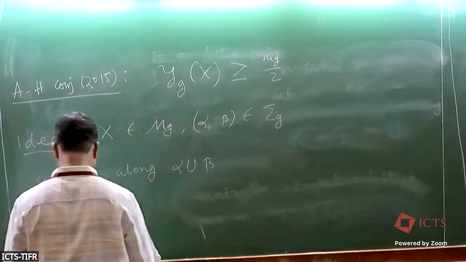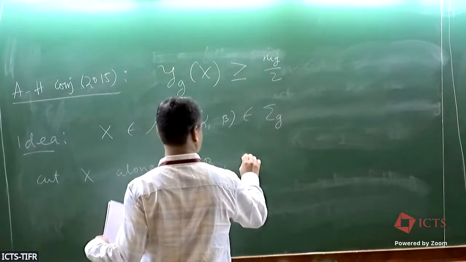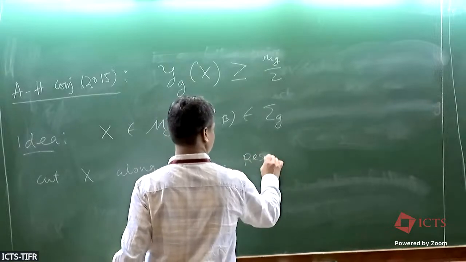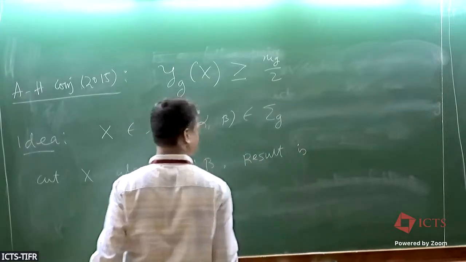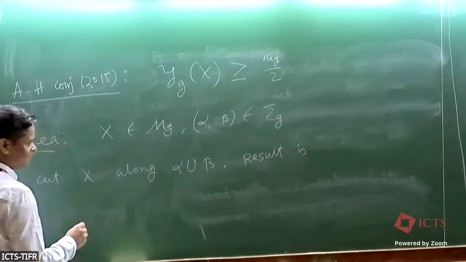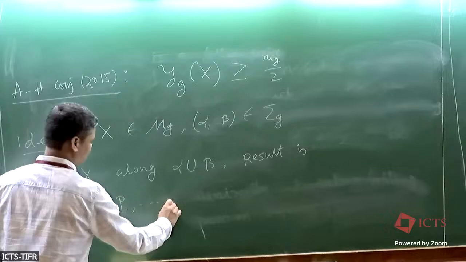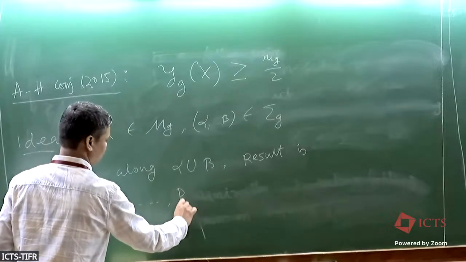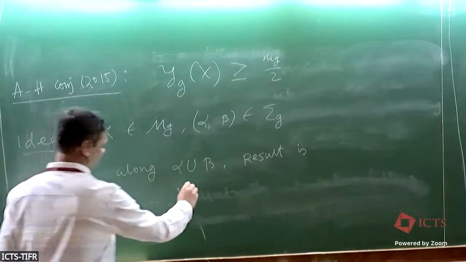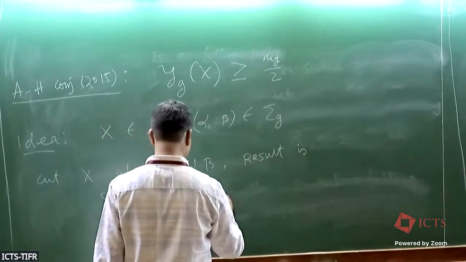So the result is a configuration of polygons, P_1 up to P_B, a configuration of hyperbolic polygons.